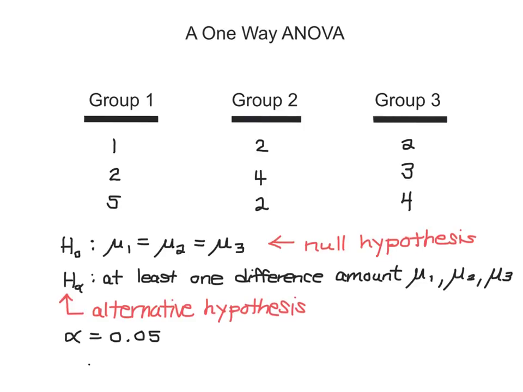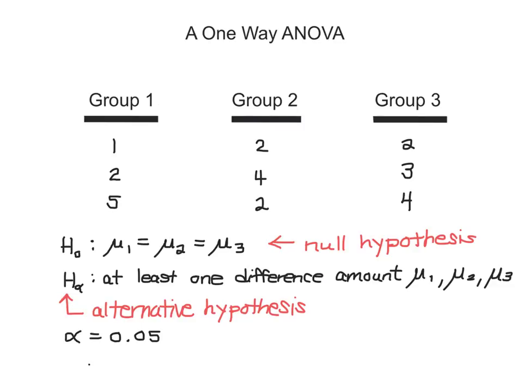I want to point out that we used mu for our means in our hypothesis because we are hypothesizing about the population means, the populations that each of these groups came from. When we talk about the means for a sample, instead of mu, we'll use x bar.